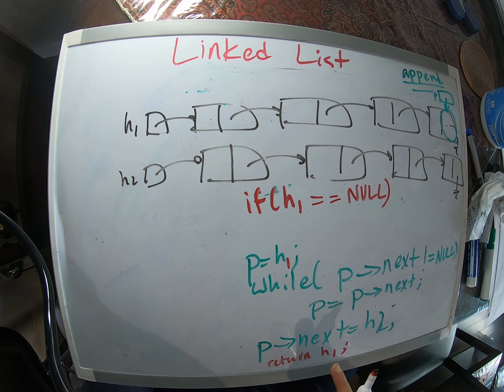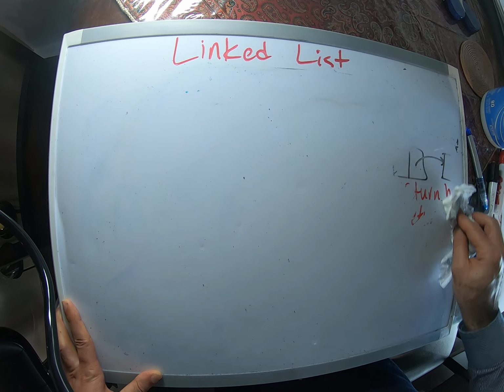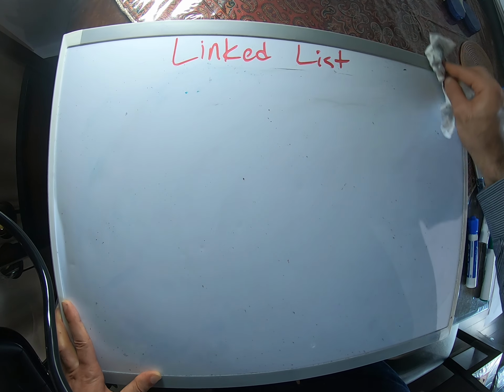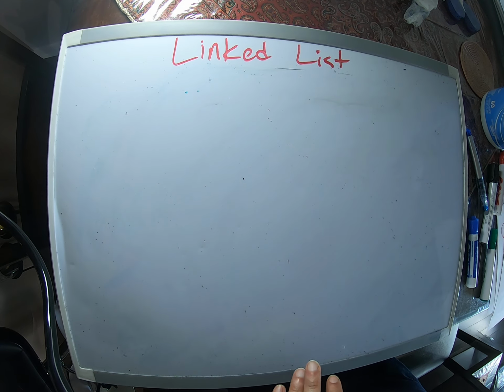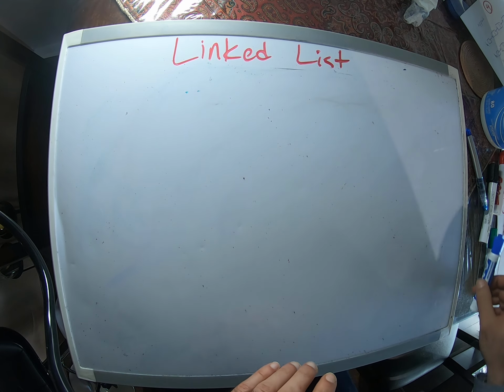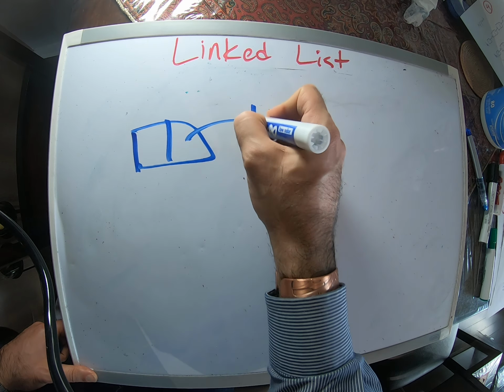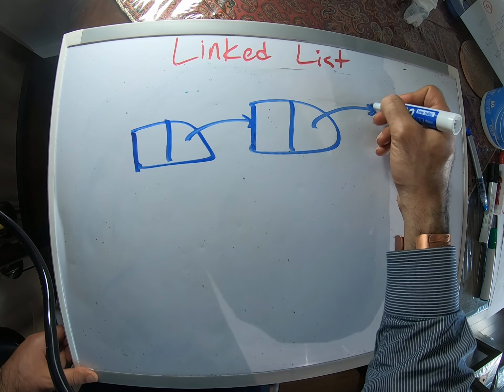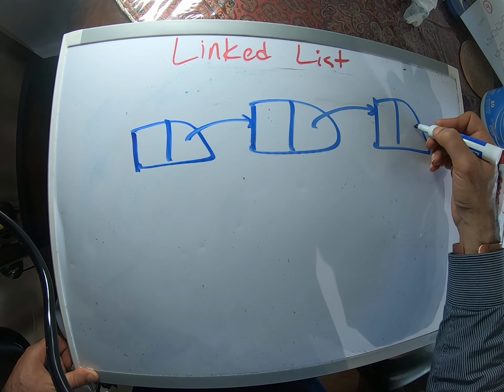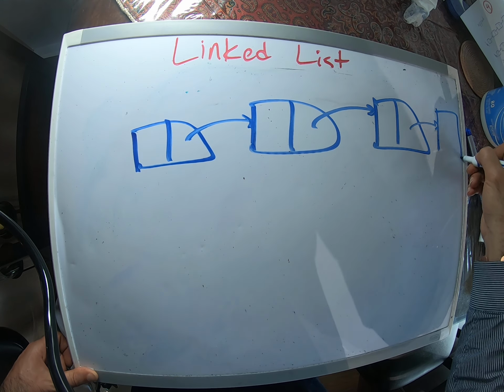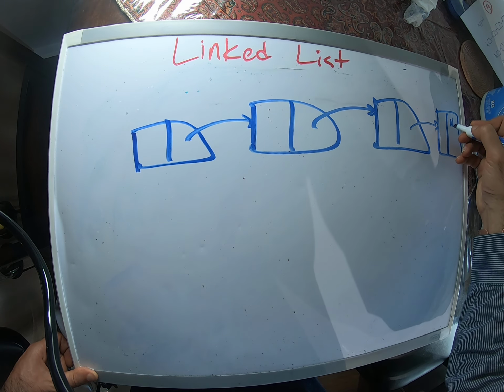The next example I want to show you, we did inserting a node in the linked list. We want to see how to delete a node, how to remove a node from a linked list. Okay, so let's do a linked list again. I'll just write null here.